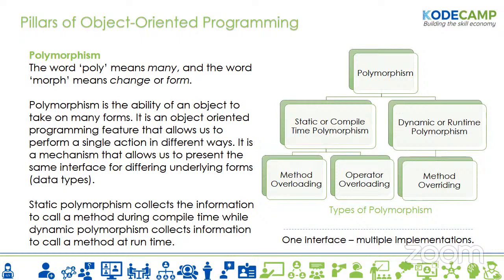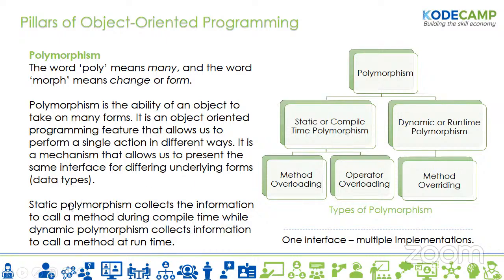So you have one method, but the method will be performed in different ways. It is a mechanism that allows us to present the same interface, which is basically talking about the method, the types, and all that, for differing underlying forms, okay? And these forms could be data types.